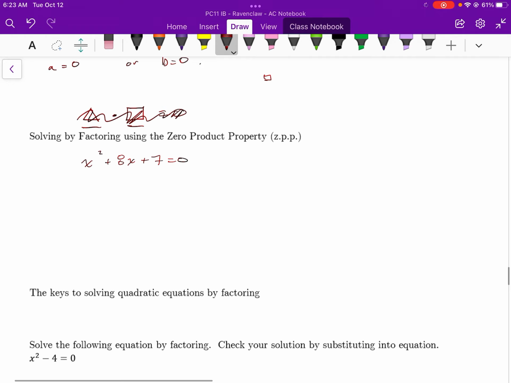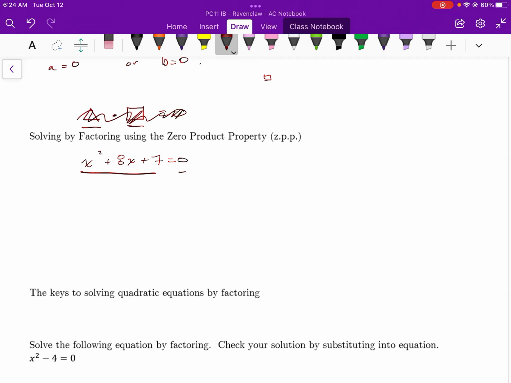So we're going to solve by factoring using the zero product property, and I've just given you an example. x squared plus 8x plus 7 is equal to 0. Well, what we notice is on the left-hand side we have a trinomial, and on the right-hand side is 0. So since the right-hand side is 0, we're going to try to use the zero product property.